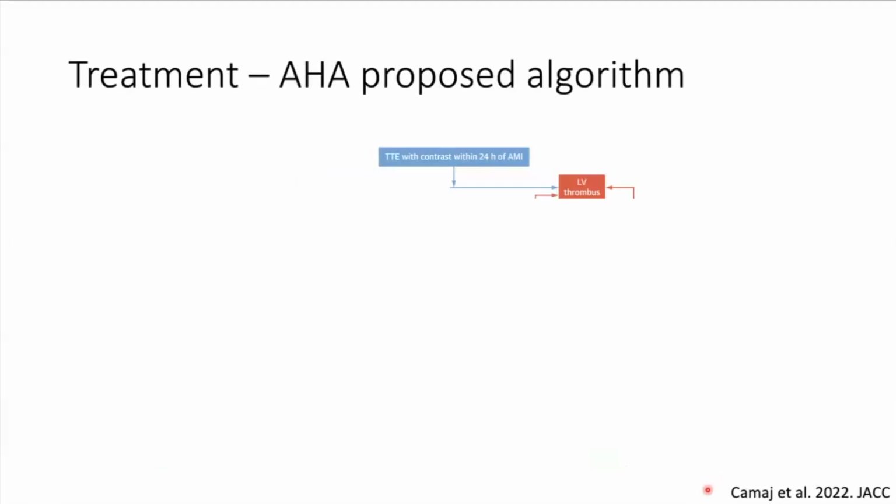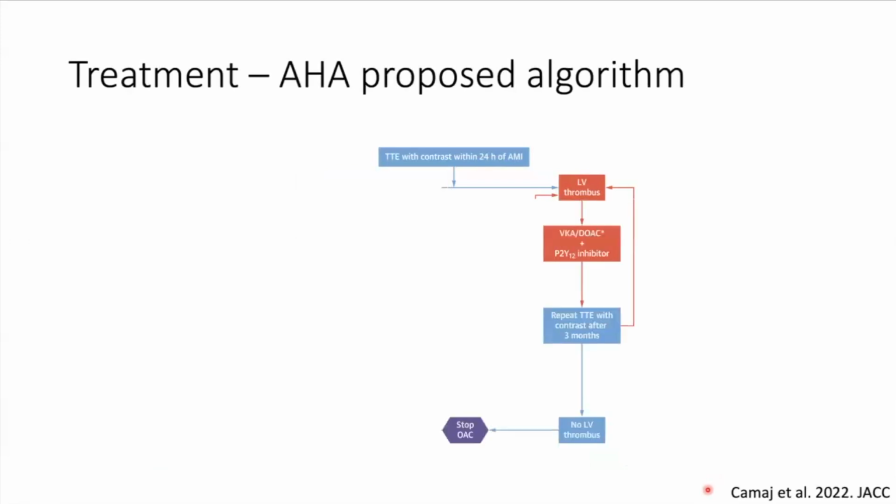Okay, so how do you treat these patients? This was the proposed algorithm by AHA. When you see a thrombus, you want to anticoagulate these individuals with dual antiplatelet therapy and an anticoagulant for at least 3 months. But what if you don't see a thrombus and there are high-risk features of thrombus development, so apical akinesis or low ejection fraction?